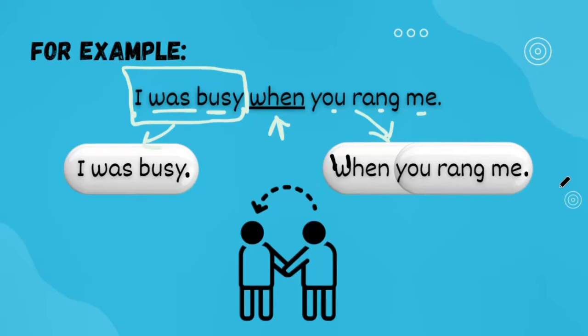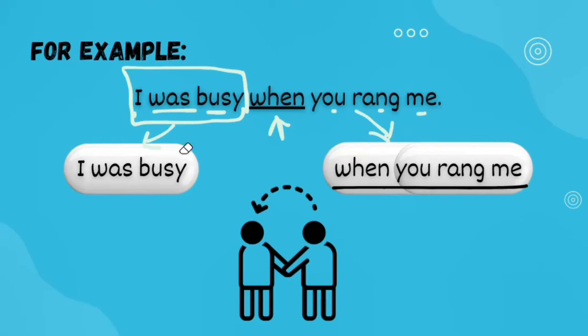And are these words making a sentence or conveying a complete idea? When you rang me, when you rang me. It's not giving a complete sense, which means that this part is dependent on something else. We cannot write a sentence with when you rang me to make it a sensible sentence.